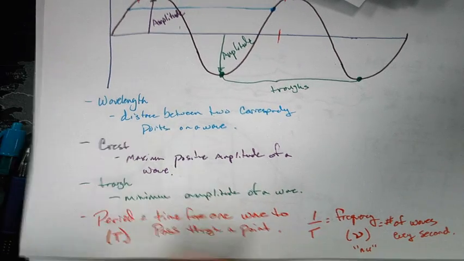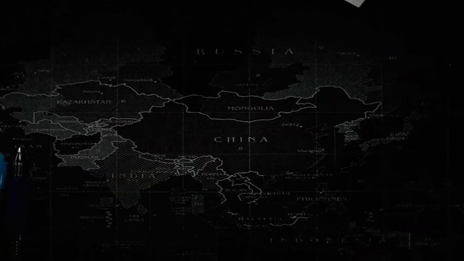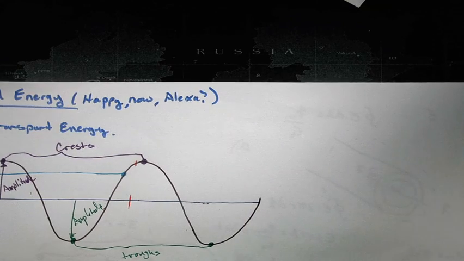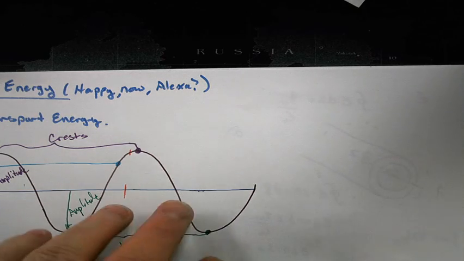So waves transport energy. Albert Einstein won his Nobel Prize, not for relativity, not for general relativity. He won it for this. He found what's called the photoelectric effect.